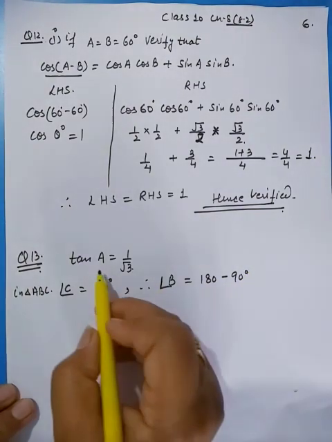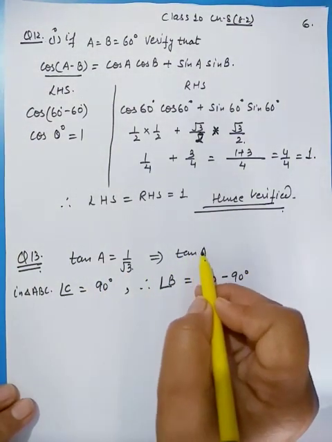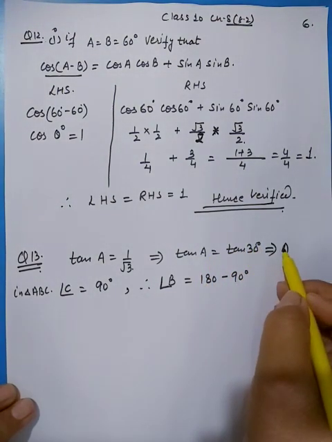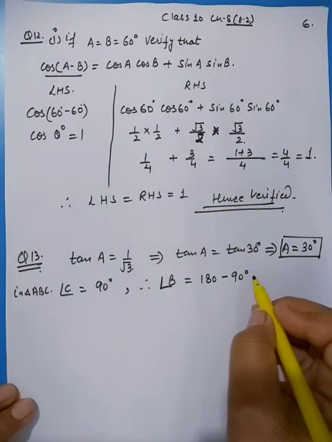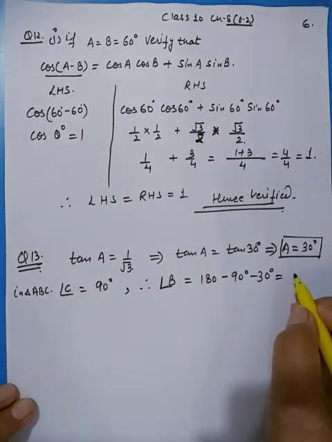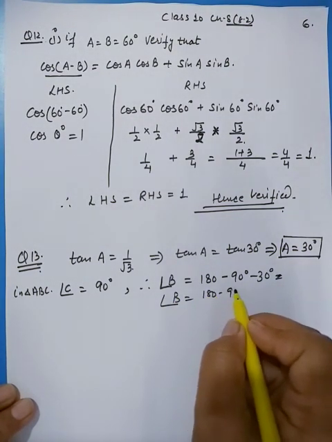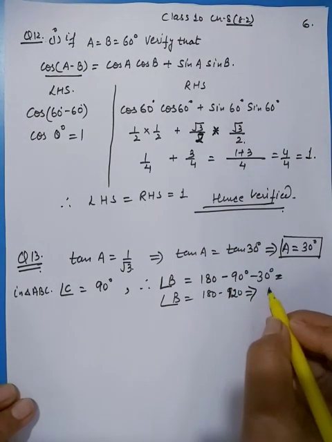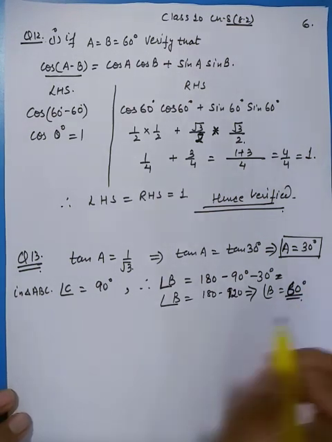To find angle A we have to solve this part, and this will give tangent A is equal to tangent 30, and this part gives that A is 30 degree. So angle B will be 180 minus 90 minus 30, 120, and this gives angle B will be of 60 degree.